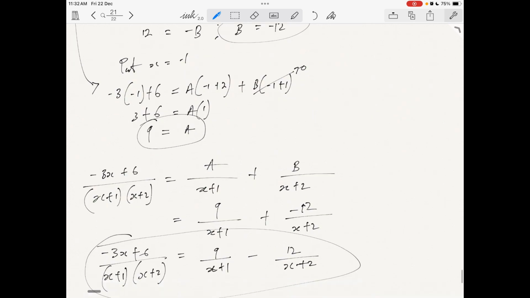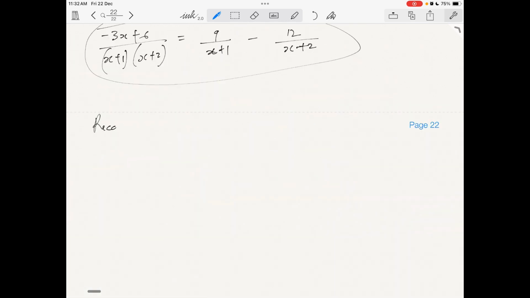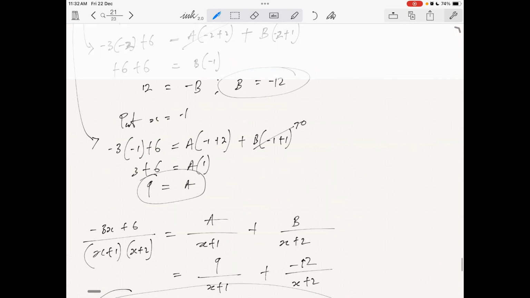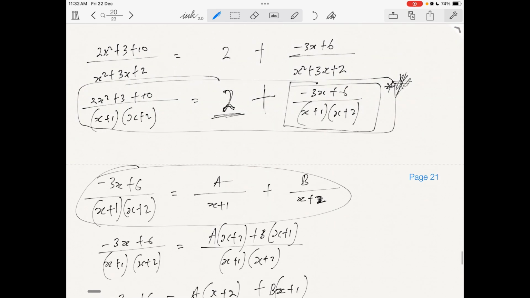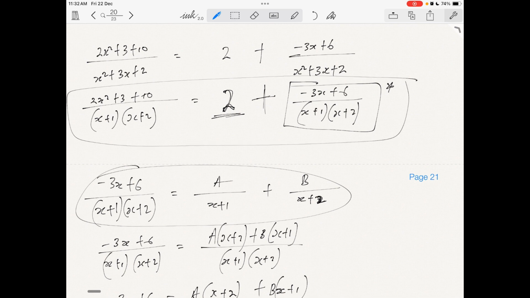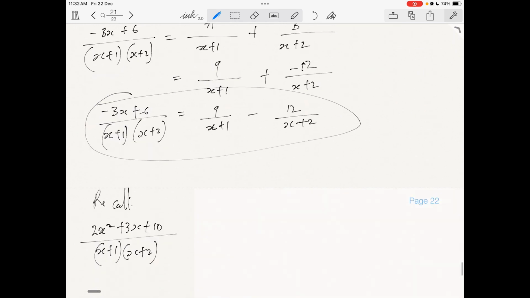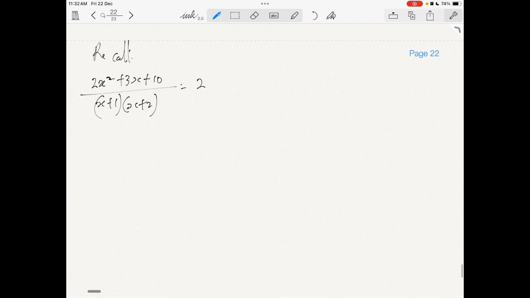So let's do a bit of recalling. The question, which is 2x squared plus 3x plus 10 divided by x plus 1 and x plus 2, is equal to 2 plus minus 3x plus 6 divided by x plus 1 and x plus 2.